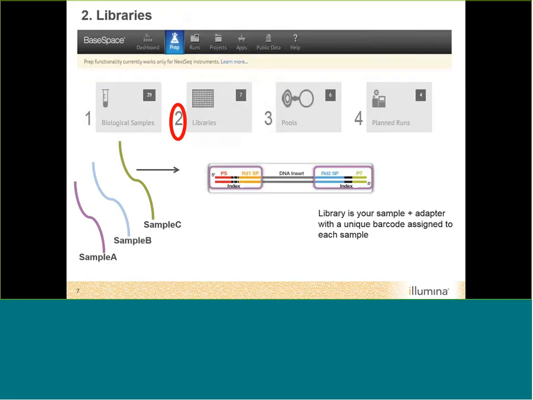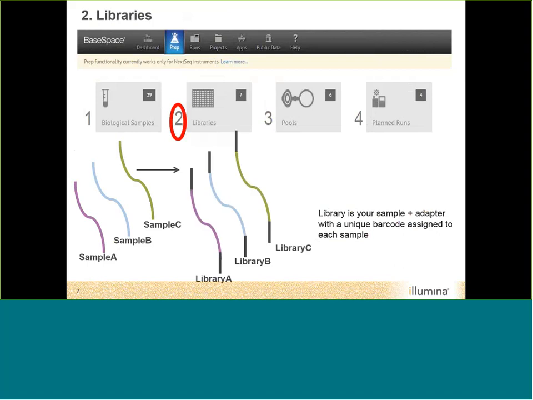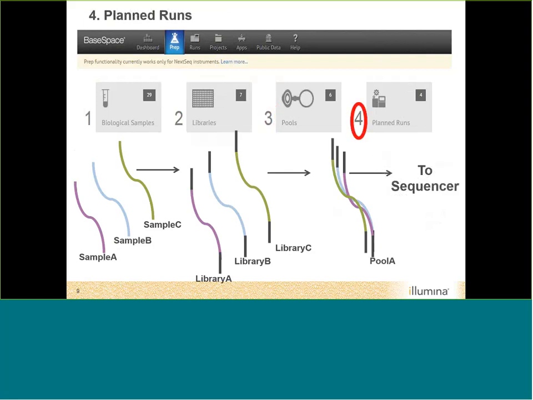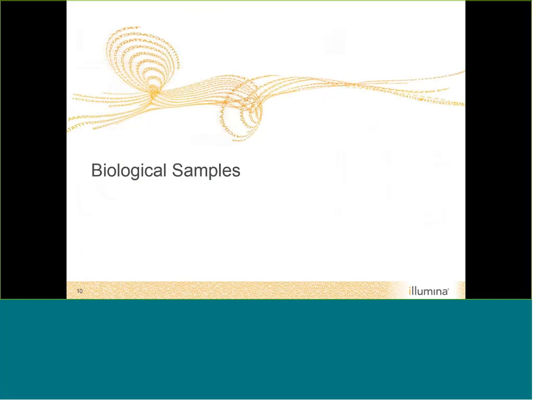Libraries are your biological sample with the adapter added, such that a unique barcode is assigned to each of your samples. Once libraries are constructed, you can pool them or mix them together. A pool consists of a mixture of libraries of similar type that's ready to be sequenced. And then you can send the run to the sequencer to sequence it.